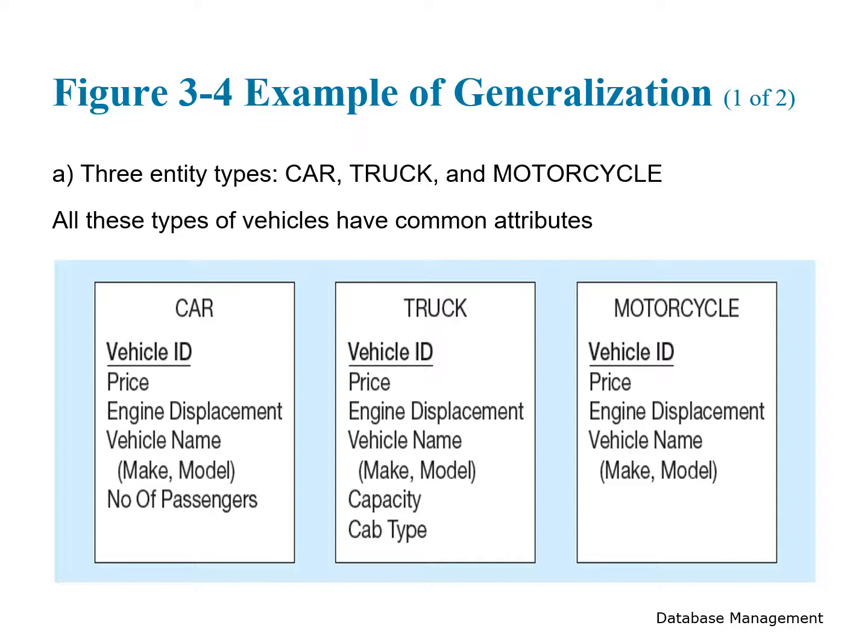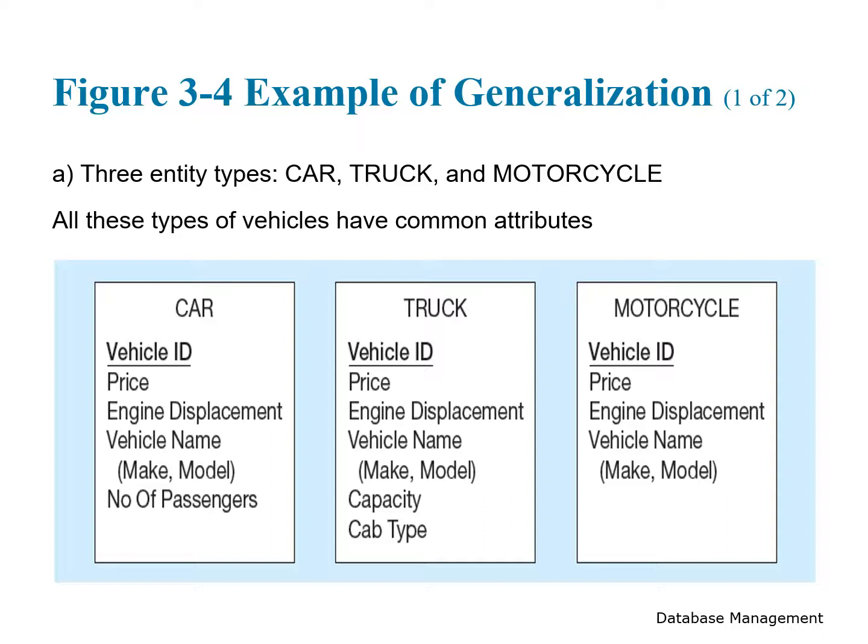Figure 3-4, example of generalization. Three entity types: car, truck, and motorcycle. All these types of vehicle have common attributes. The car has vehicle ID, price, engine displacement, vehicle name, make, model, and number of passengers. Also truck has the same attributes, and then capacity and cab type.